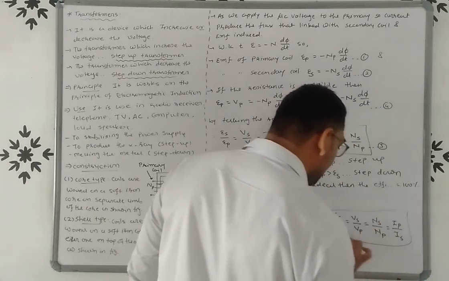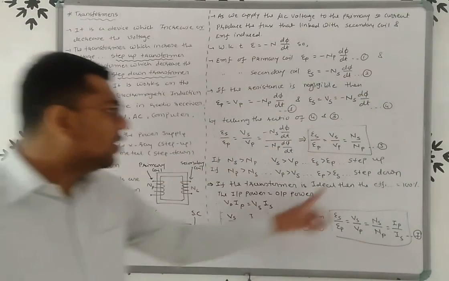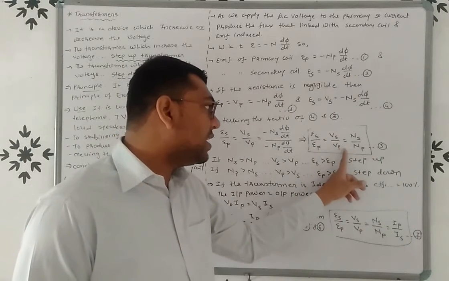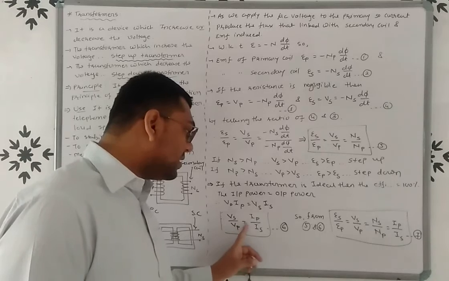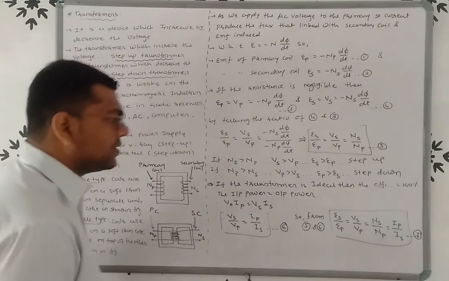This is equation number 7, right? So from 5 and 6 we can write Es upon Ep is equal to Vs upon Vp is equal to Ns upon Np, but Vs upon Vp is equal to Ip upon Is.